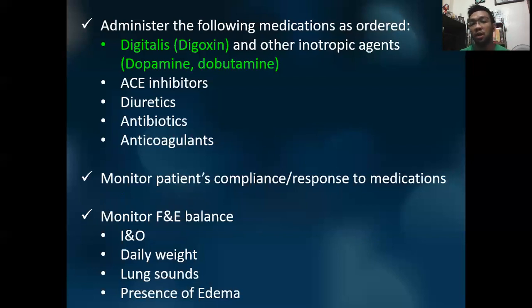Also, if you're giving specific types of diuretics, such as furosemide, you need to also check their lab results for electrolytes, most specifically that of potassium, since furosemide is a potassium wasting diuretic. Monitor the patient's weight as well every day, lung sounds, and for the presence of edema.